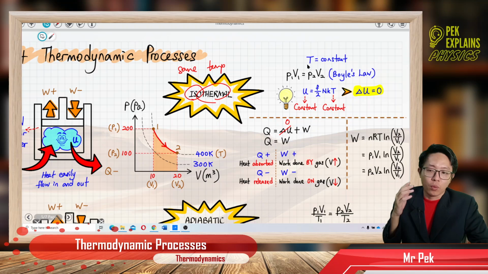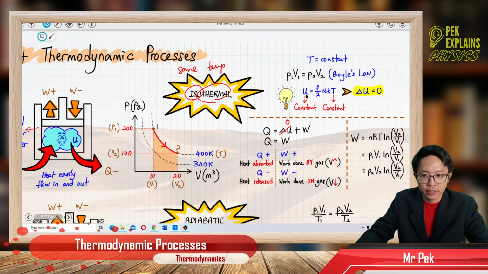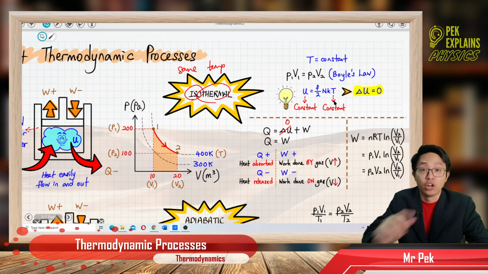Okay, why is constant temperature so important in the isothermal process? What is the implication? What will happen when temperature is constant? Looking at this equation, internal energy of gas depends on temperature of gas. So when temperature of gas is constant, the internal energy of gas will also be constant, isn't it?